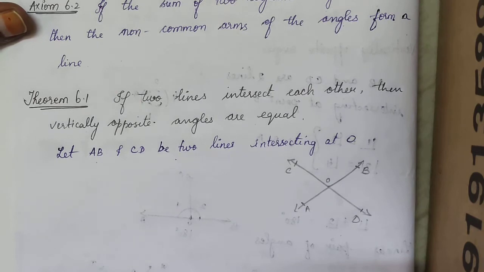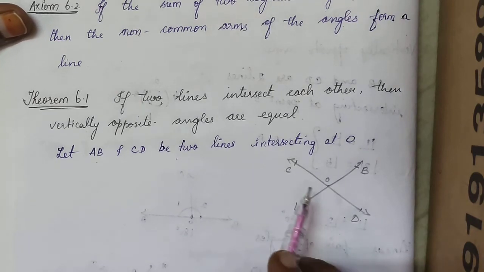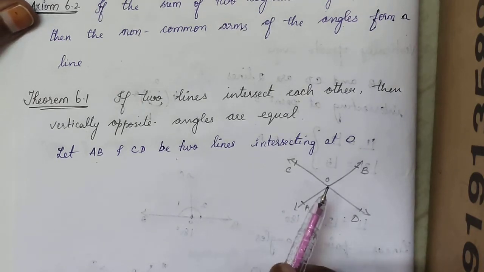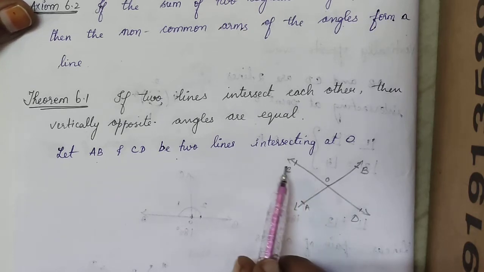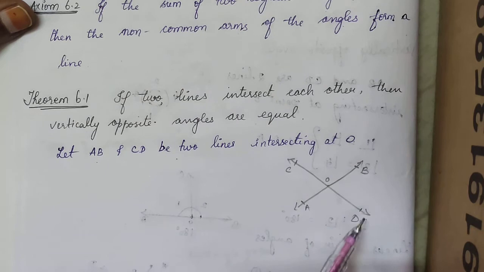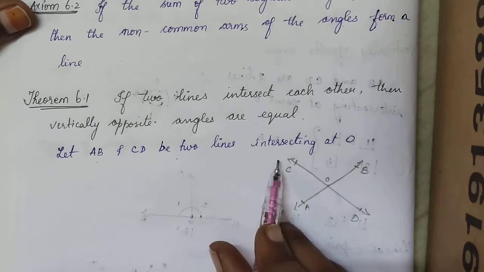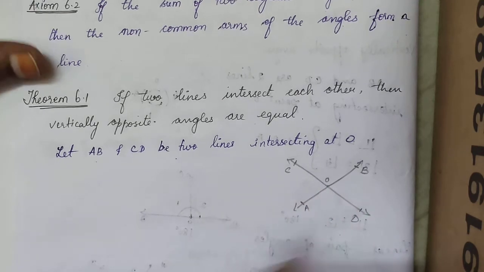Now, first let us name the pairs of vertical angles here. A pair of vertical angles is AOC and BOD. These two will be vertically opposite angles, AOC and BOD.